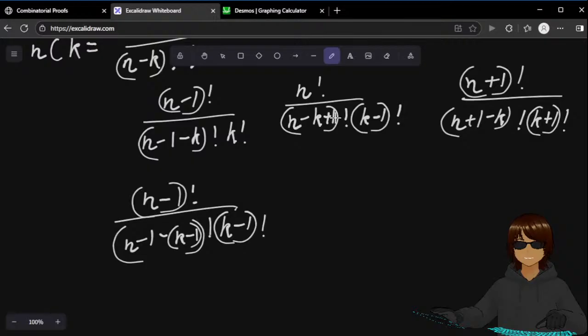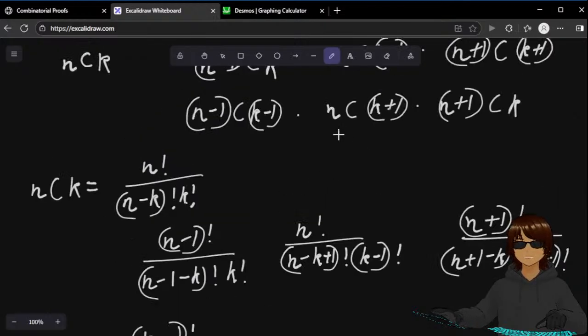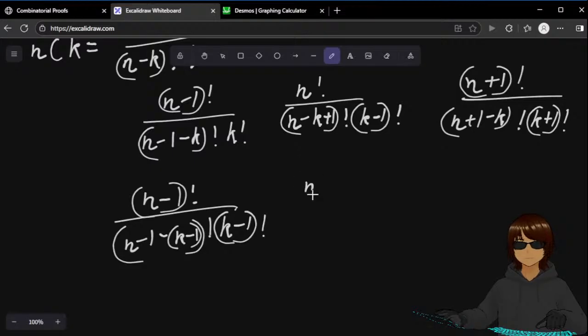This should be plus because minus minus will make it plus. And then n, k plus 1, plus k plus 1 factorial.